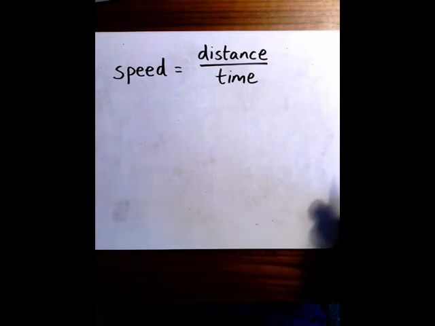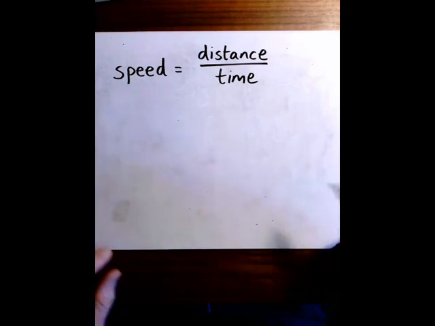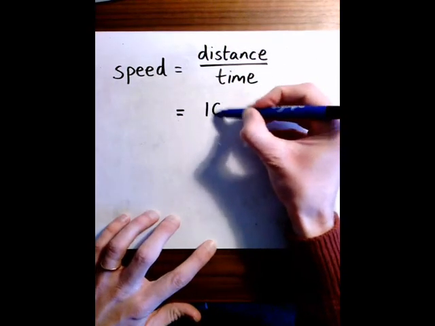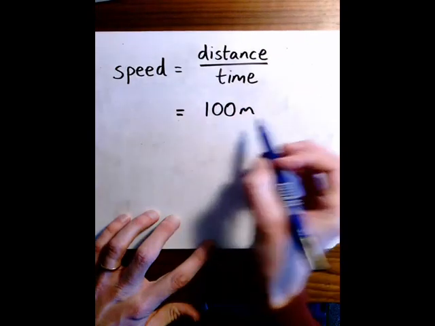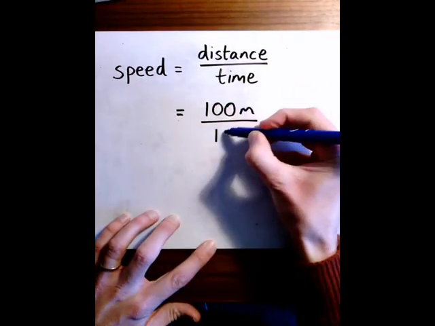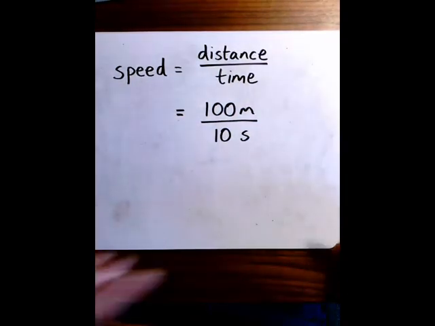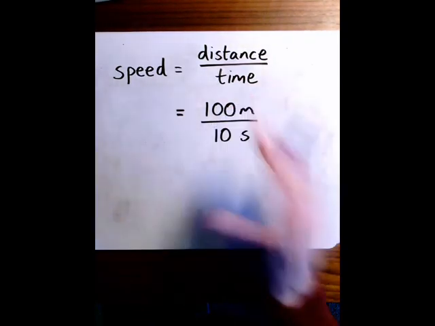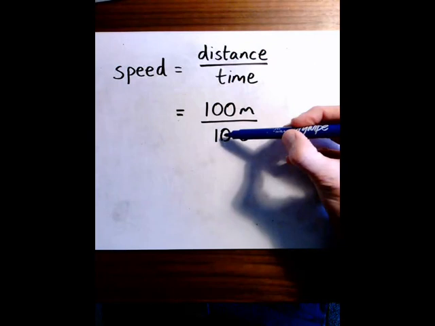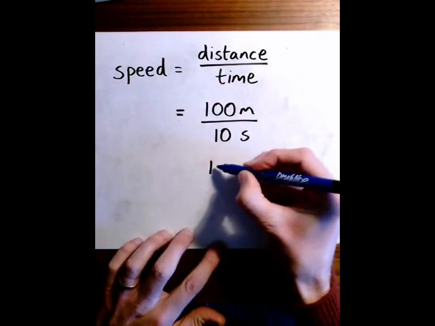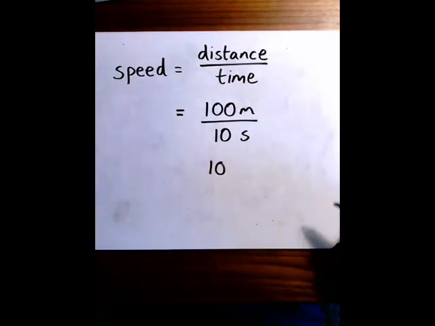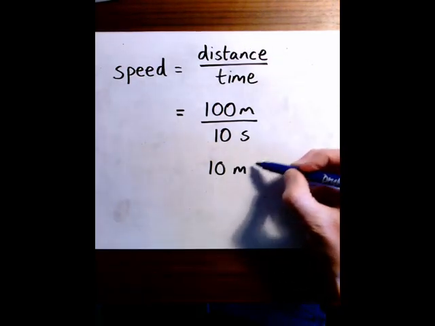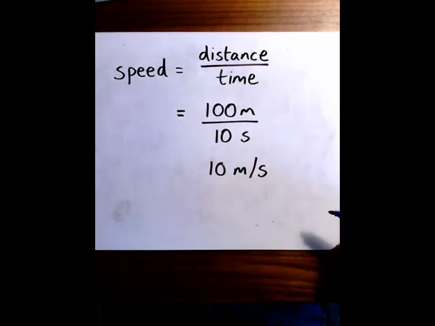So let's just do an example to start off with. Let's imagine that I went 100 meters, that would be my distance, and it took me 10 seconds to travel that distance. Well, just ignoring the units to start off with, I know that 100 divided by 10 would be 10 meters per second.